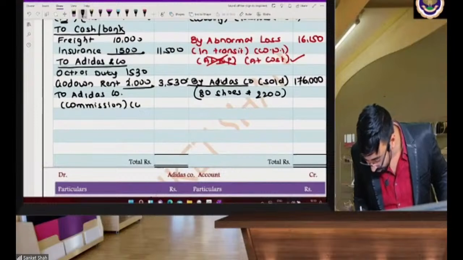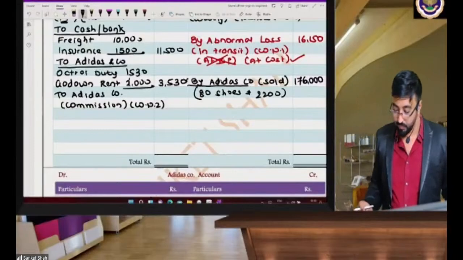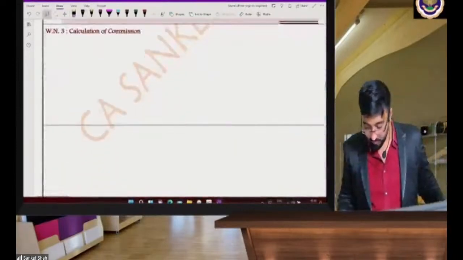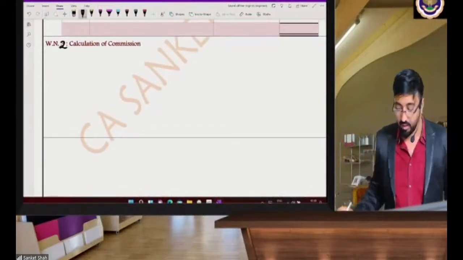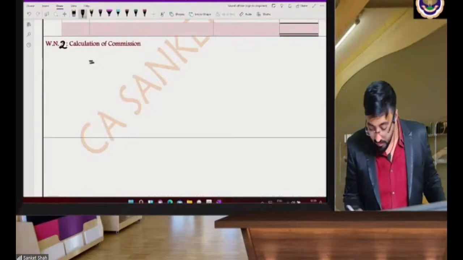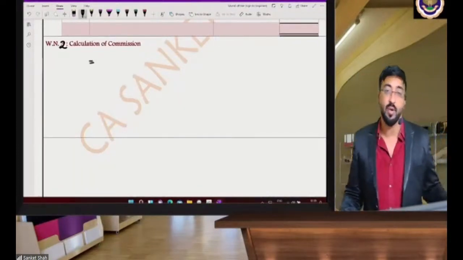So for commission, working note number 2. So let's calculate commission. Working note number 2, calculation of commission. What is given in the question? You can write working note 2, calculation of commission after working note 1.